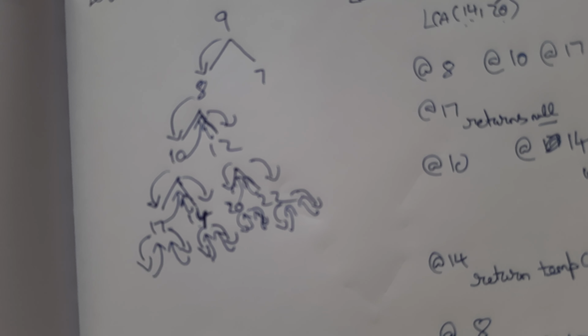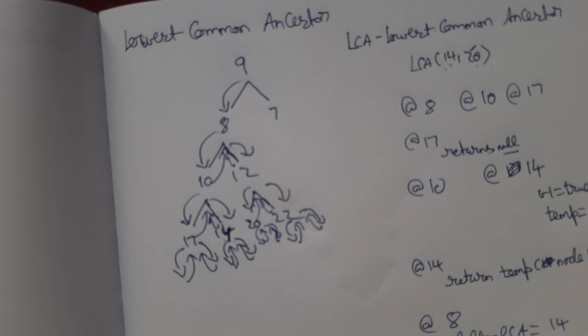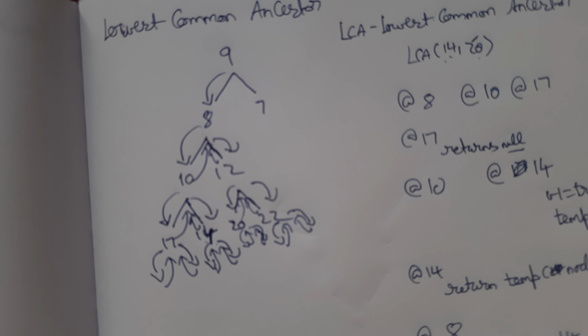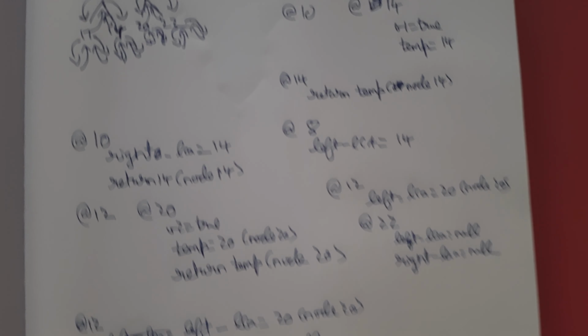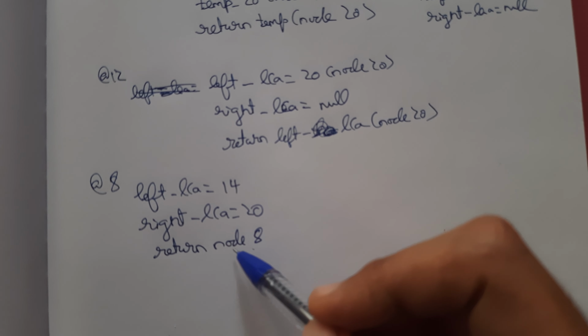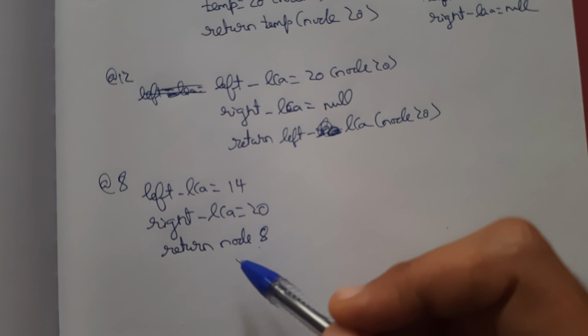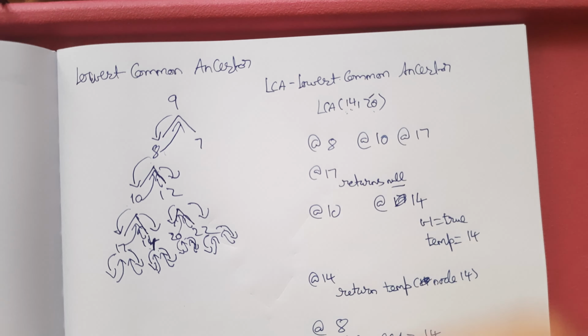And since node 8 gets both these values, we come to this conclusion that it is node 8 that is the lowest common ancestor of 14 and 20. So node 8 will be returned to its parent node, which is node 9, and the control goes back to node 9.